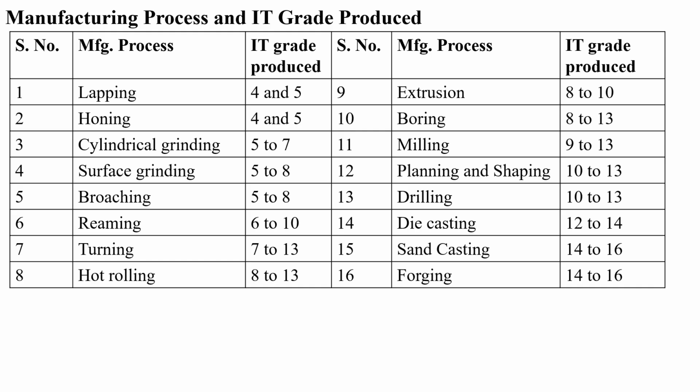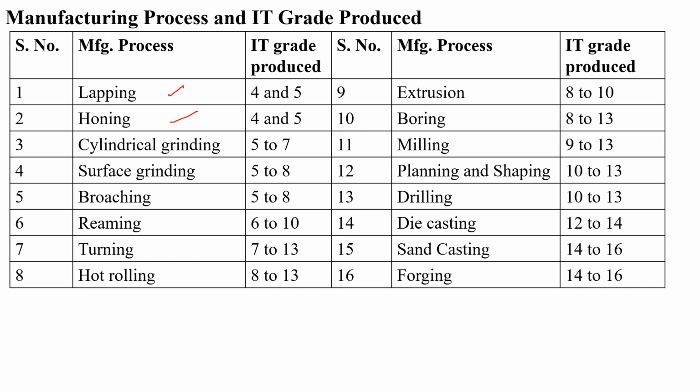Next we look at the manufacturing processes and the IT grades produced. Here I have to observe the various manufacturing processes and the grades they produce. Lapping and honing processes produce IT4 and IT5, so for high accuracy applications we have to go for lapping and honing.